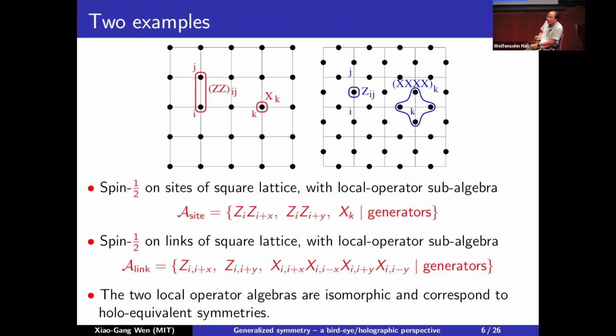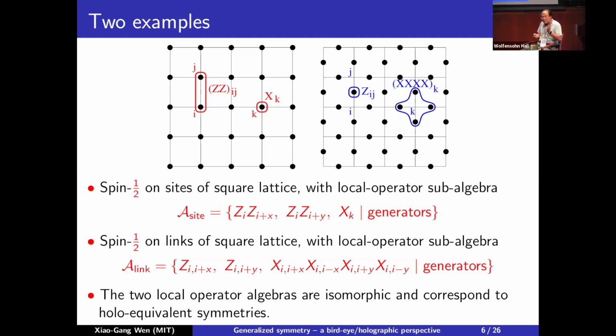Let's give an example, since what I described may be too abstract. Let's consider a two-dimensional model. In one model, we have a spin-1/2 living on the sites. In another model, we have a spin-1/2 living on the links. Then each is a subset of the local operator algebra.